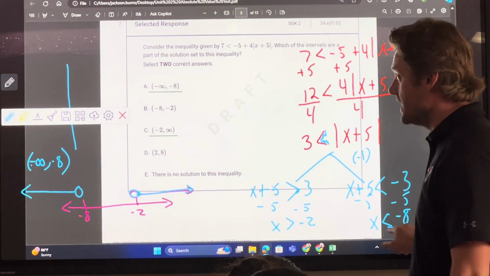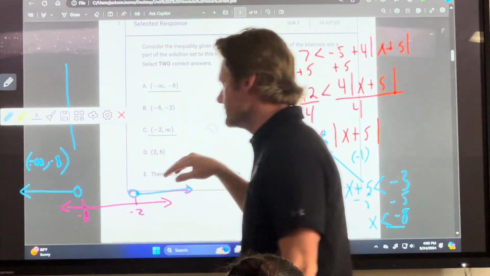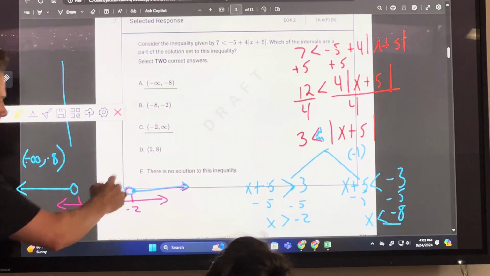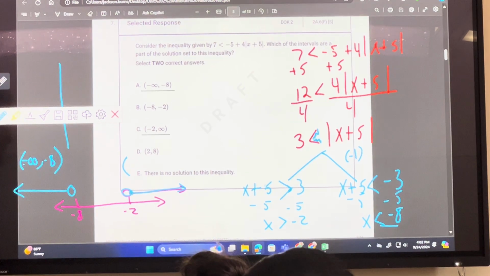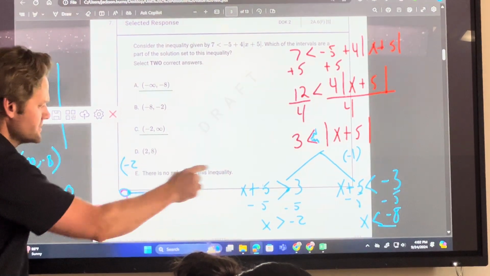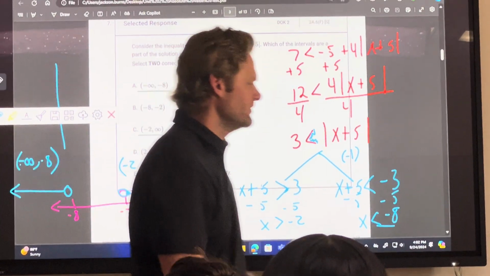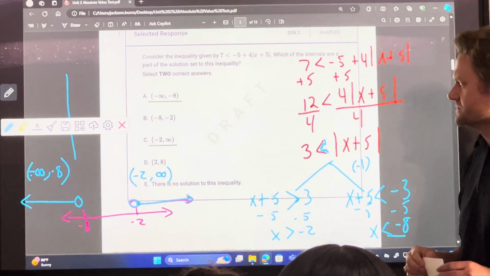If it was underlined, and that's one way I do change it, make sure you have the bracket there. On this side, same thing, open circle, -2, going all the way out to infinity. Infinity, I always use my parentheses.